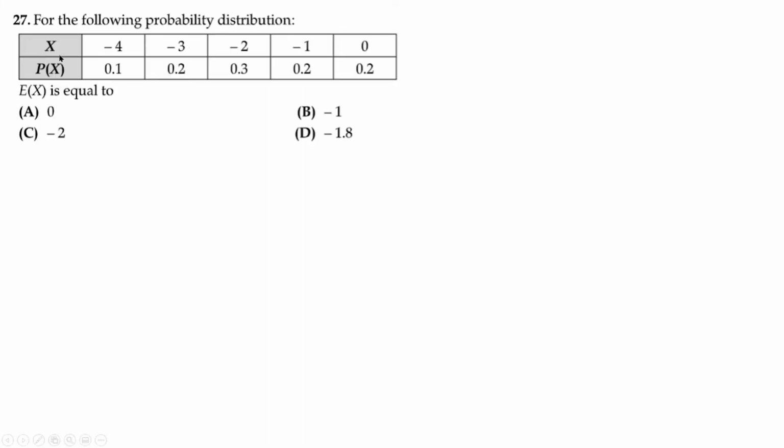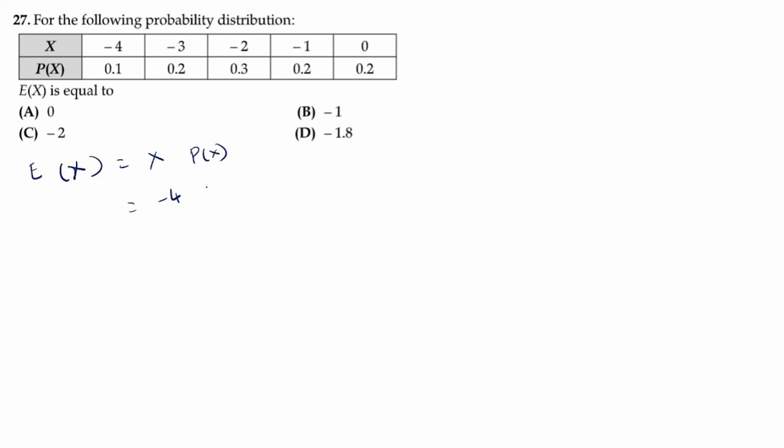Next question, for the following probability distribution x and p of x, expectation of x is equal to. Now we know expectation of x is equal to summation i equal to 1 to n, x into p of x.